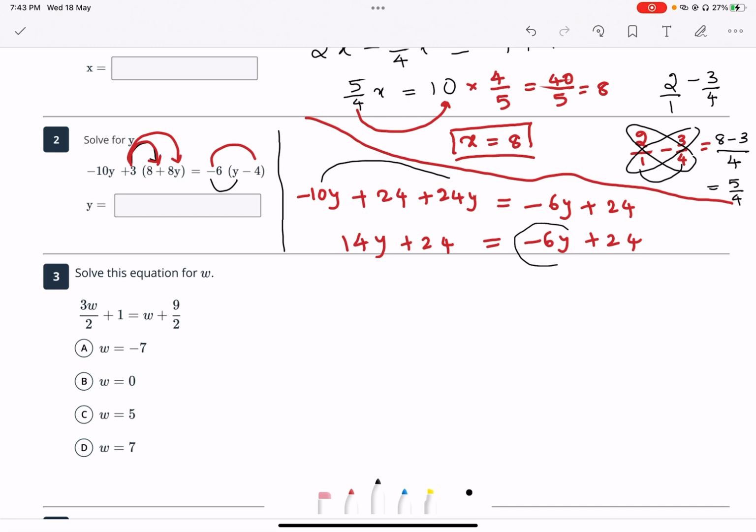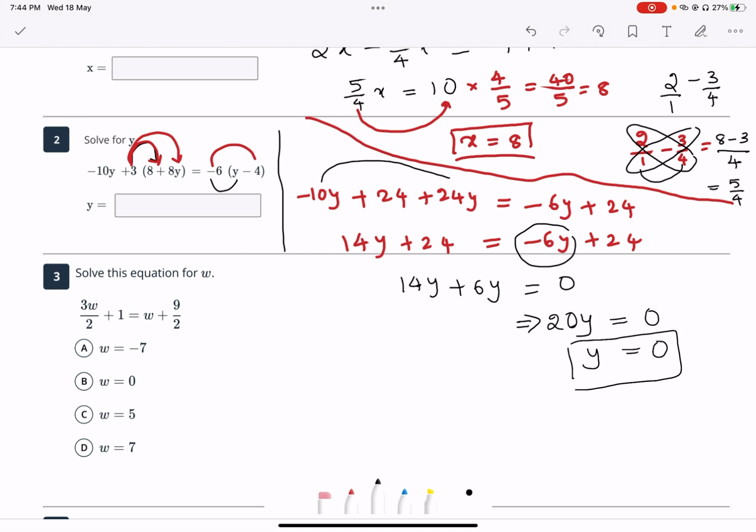Now send this negative 6y to the other side, which is 14y plus 6y equals, you send the 24 to the other side, that makes it 0 because 24 minus 24 is 0. So that means 20y equals 0.